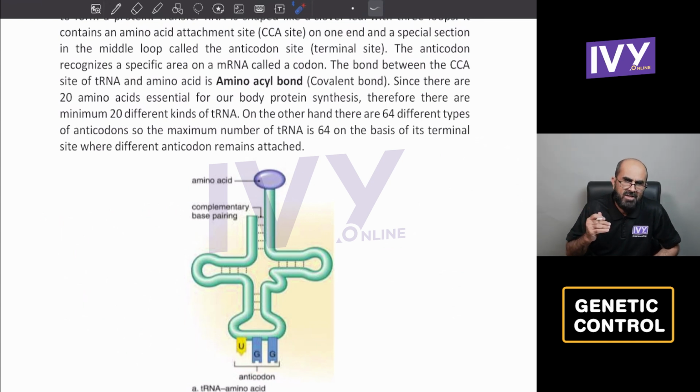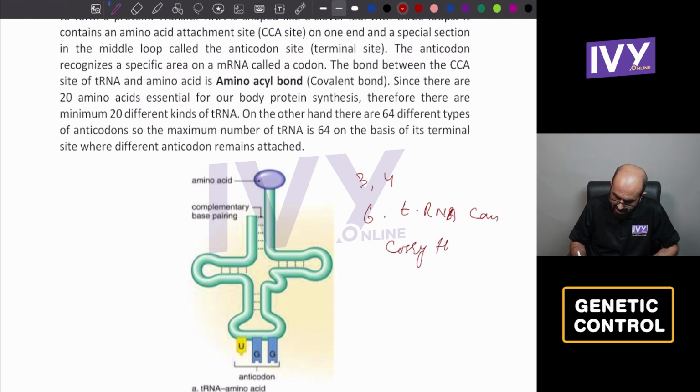So 20 amino acids are coded by 64 different genetic codes. It means that different tRNAs, sometimes 3, sometimes 4, even 6 types of tRNA, can carry the same amino acid, because the code is degenerate, as I told you in the previous lecture.